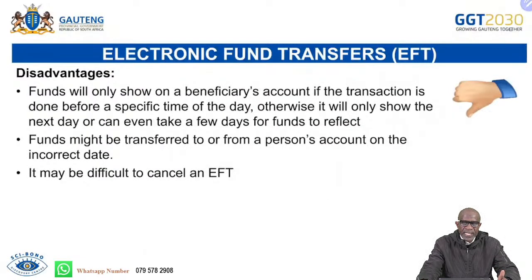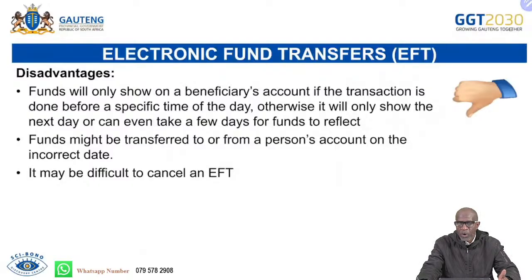As we proceed with disadvantages, another important disadvantage is that funds will only show on a beneficiary account if the transaction is done before a specific time of the day. In some cases, transactions performed, say, by 1500 hours, by 3 o'clock in the afternoon, may not reflect immediately.